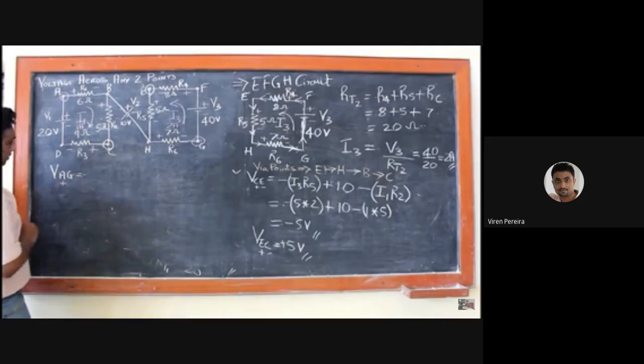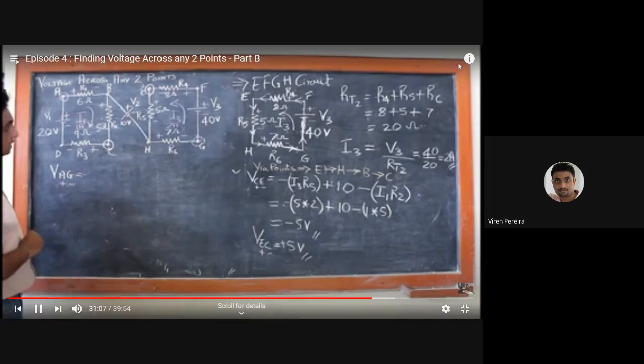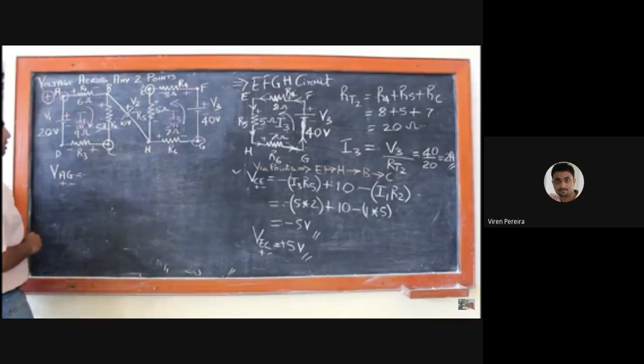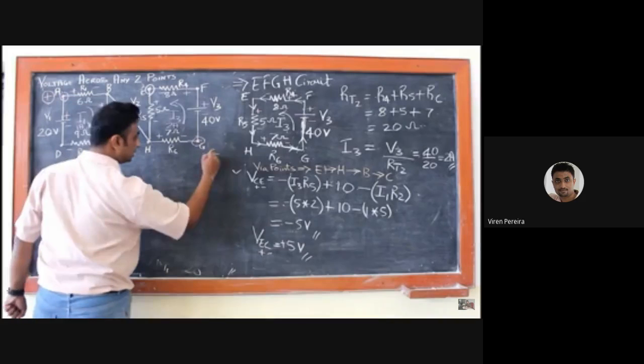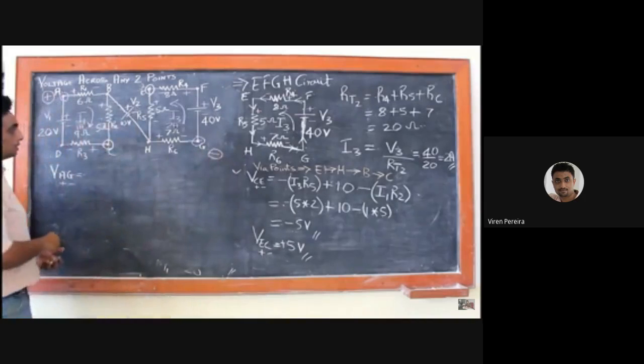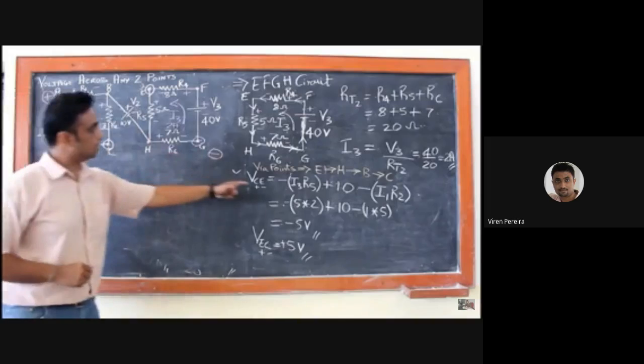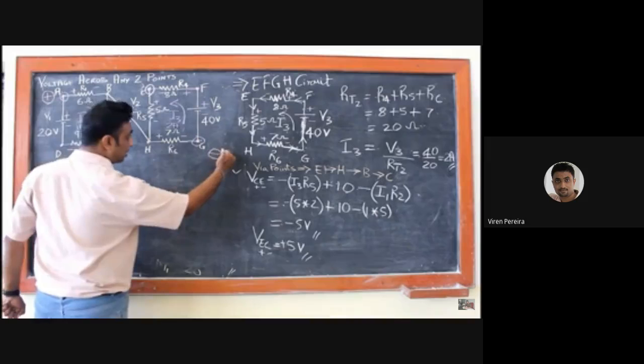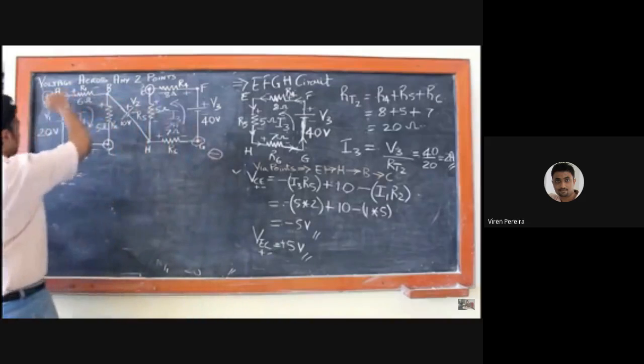My positive terminal of the multimeter will be connected across A, and my negative terminal will be connected across G. So I will present the positive terminal of the multimeter here and the negative terminal here. Now once this is established, it's the same logic as how you found out VCE. So now we are going to start from G and go to A.